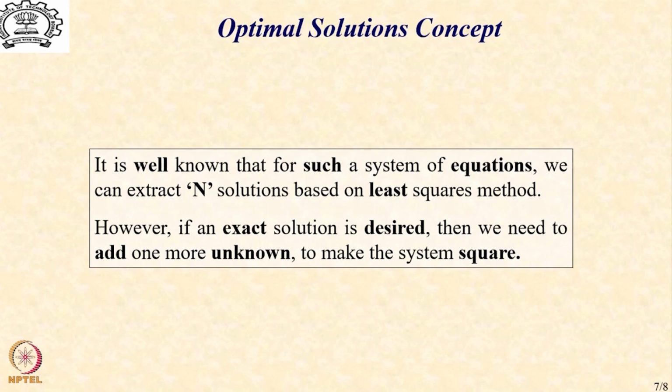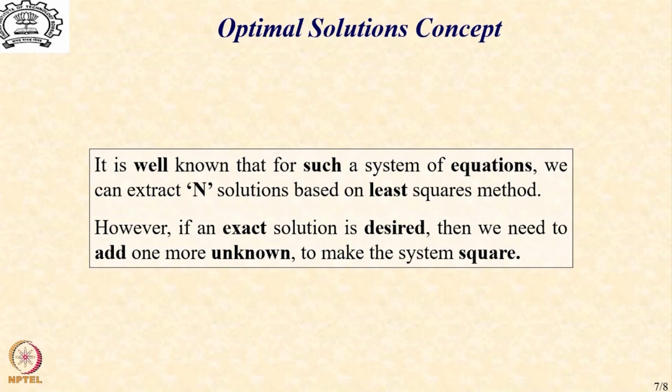The other possibility is, can I add one more unknown, so that we now have n plus 1 unknowns for n plus 1 equations? That becomes our square system, and we get an exact solution for all the n plus 1 variables, hoping that among them the n required design variable solution is also exact.